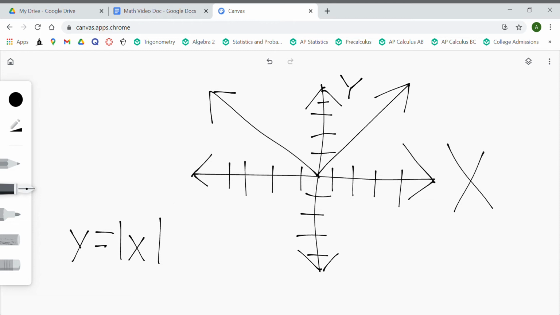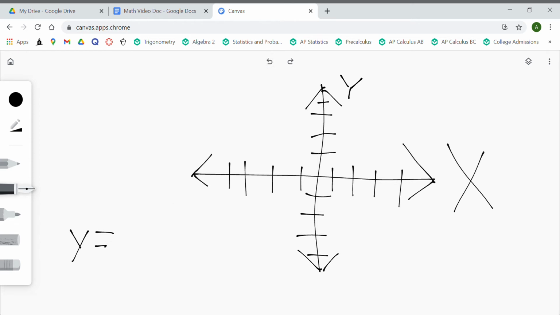The slope here would be about negative 1 on the left side, and then once it reaches its vertex or turning point, it's right here, then the slope becomes its opposite. So that's how it works.